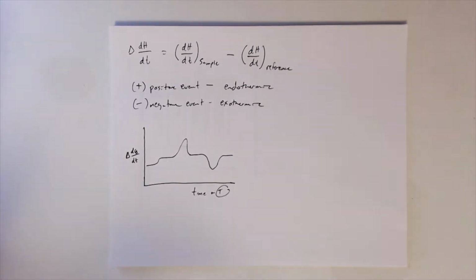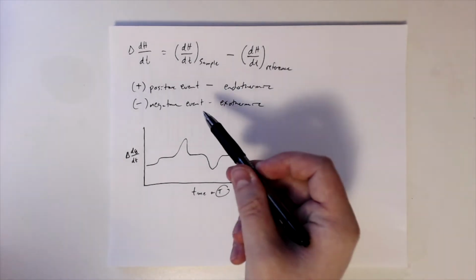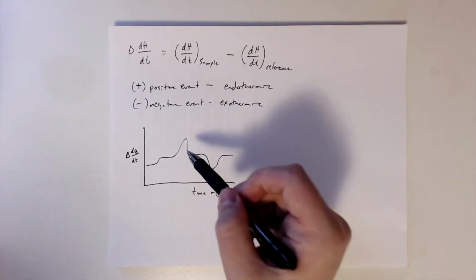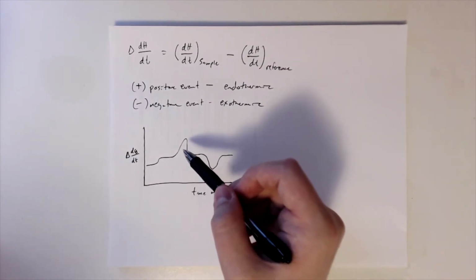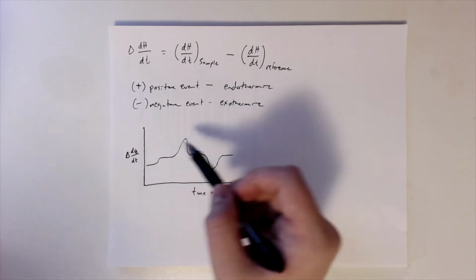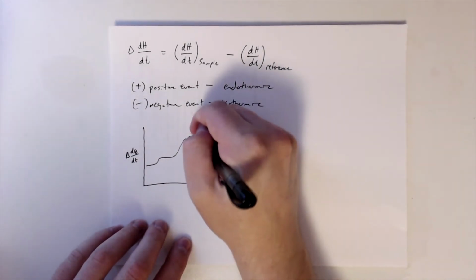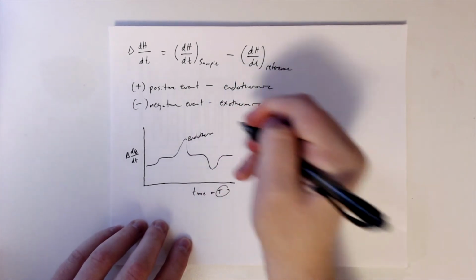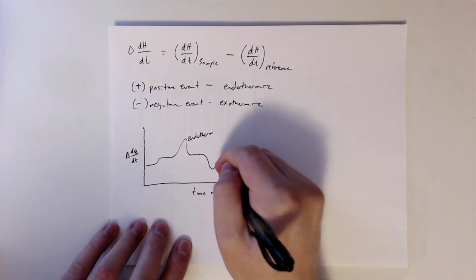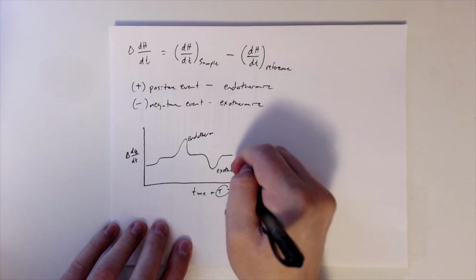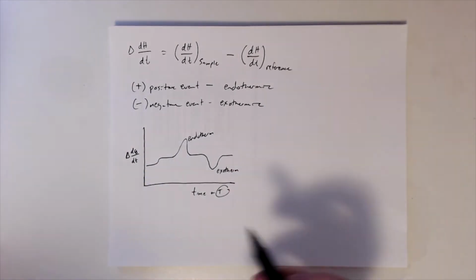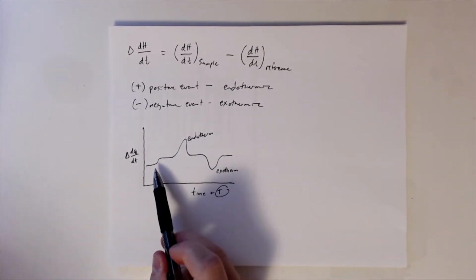So this is showing you all the possible things that we could have. Based on this, there's two peaks here. This one, which is positive in the way that we've defined it here, which means that it is endothermic. And then this one is negative, so it's got to be exo.